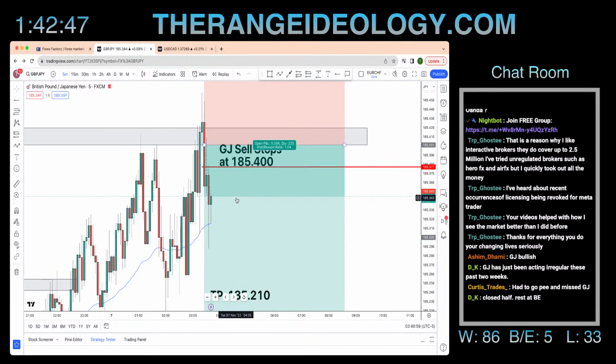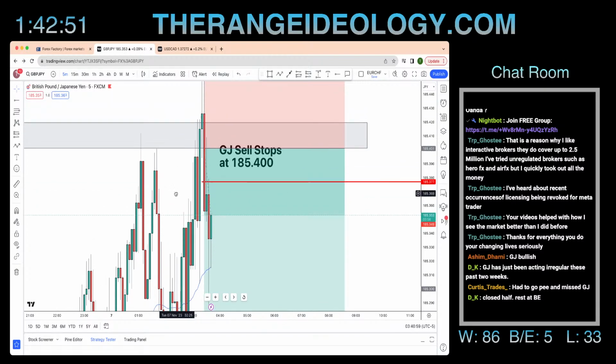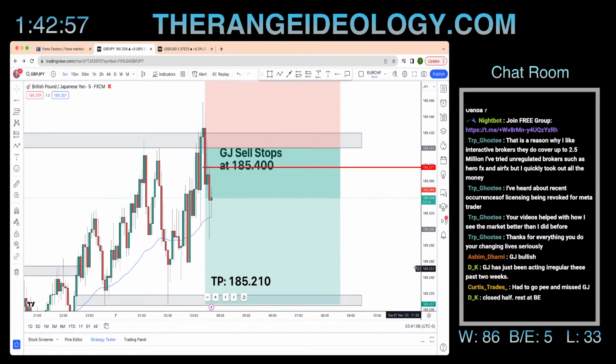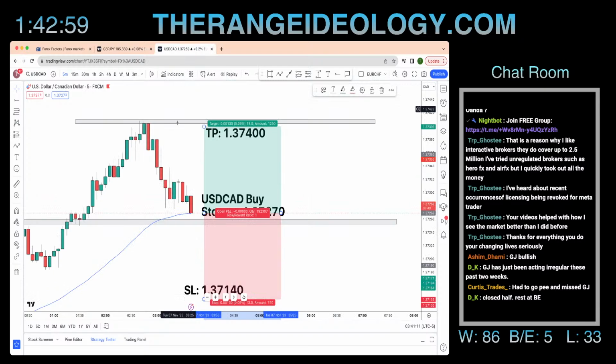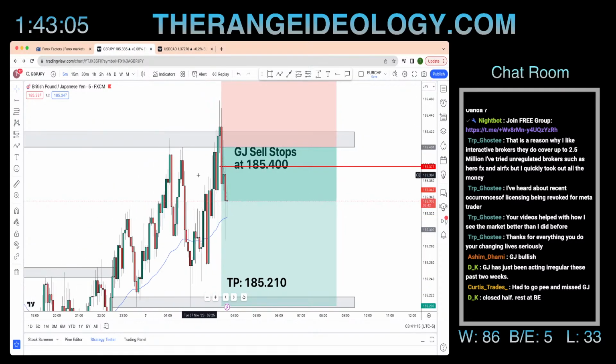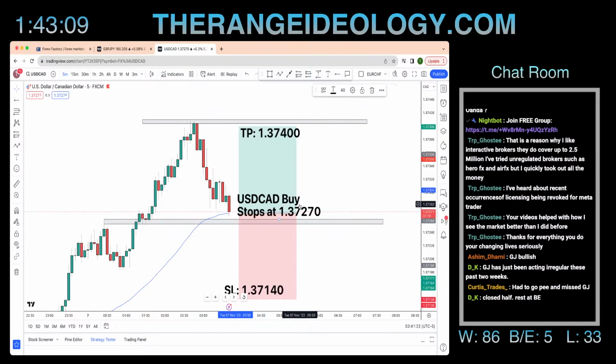Does it do that, or does it just simply go right back up? I don't mind it, but I was hoping for a little bit more than that because a 15-minute close was coming as well. But let's see what happens here. Oh, here comes USD CAD, guys. Again, looking for a stronger push below. So GJ can continue down here because now we have a nice push from USD CAD as well.